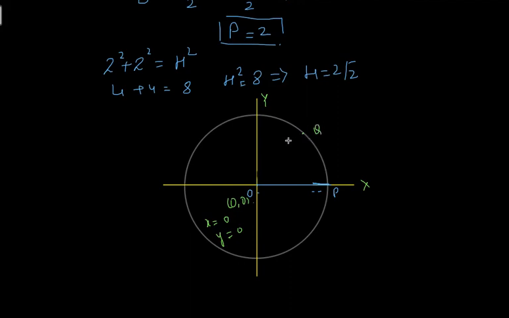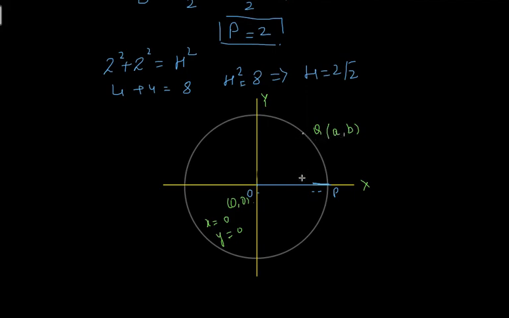Now what are going to be the coordinates of Q? Let the coordinates be A and B. When we say A and B, what exactly we mean is the value of x and y.